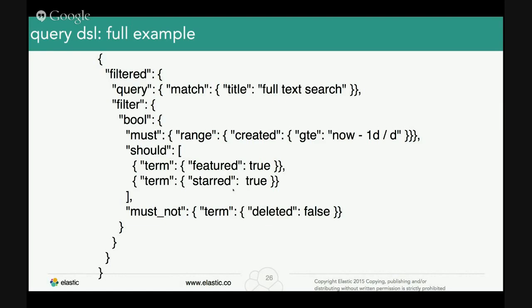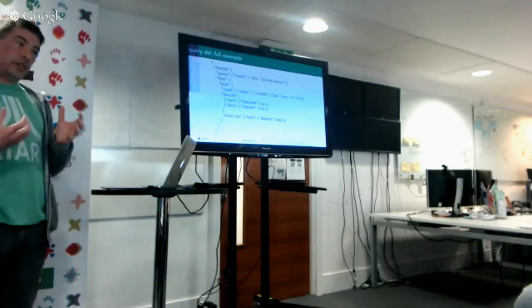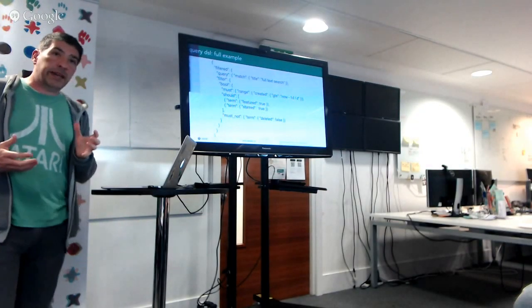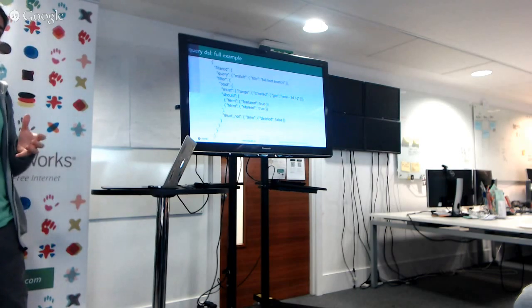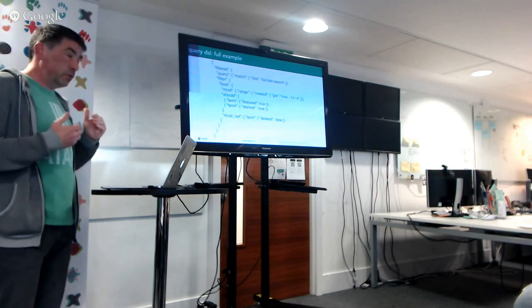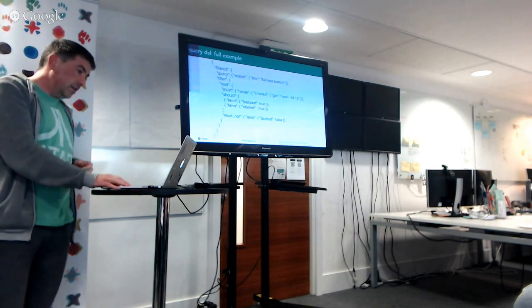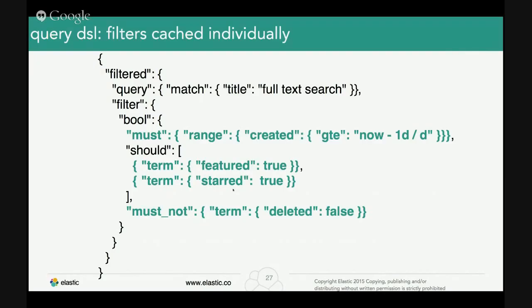And the important thing to remember about this kind of construct is that we're caching this in the back end. Okay, this filter's being cached. And it's not being cached at the bool level. It's not being cached at that request that you just placed in. It's being cached at the individual elements. And the reason for that is that we want to maximize the reuse of these components that you've queried.